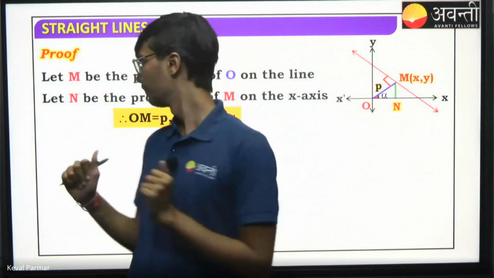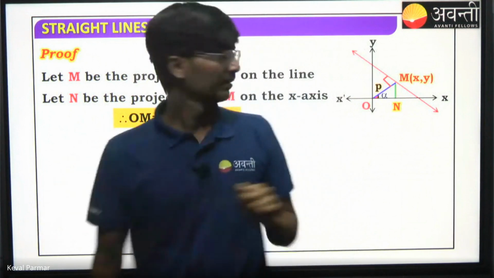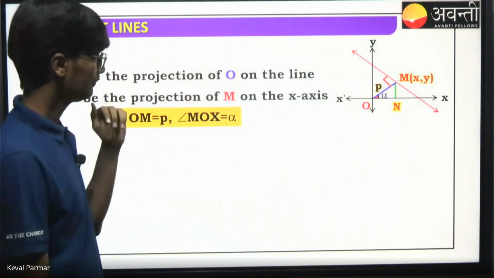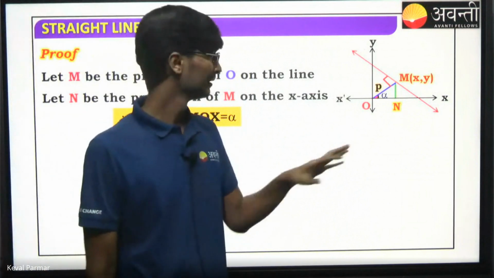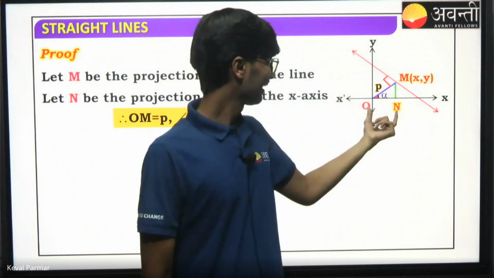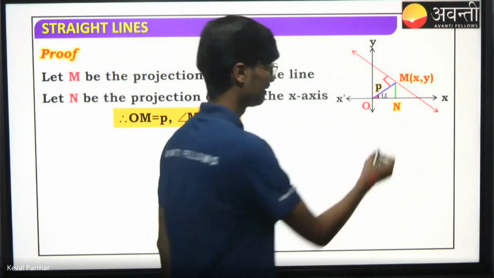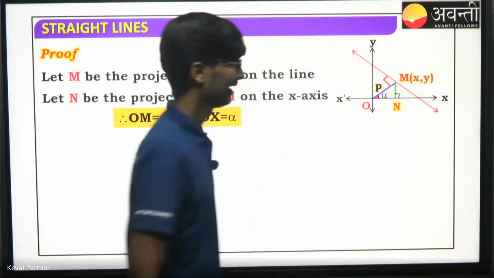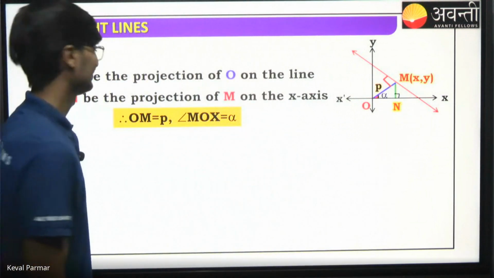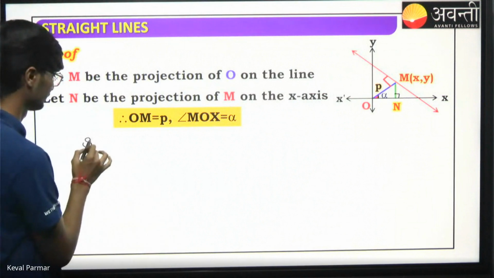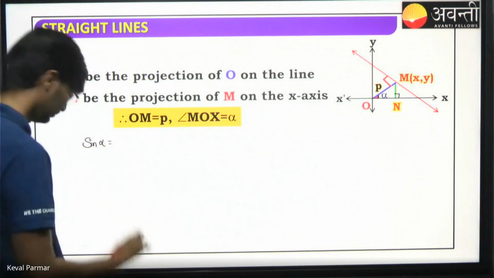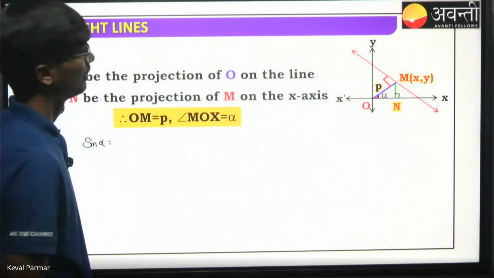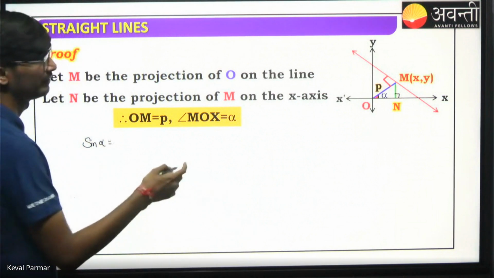If you remember polar coordinates, see, this triangle OMN is a right angle triangle. So we can easily write sine alpha as opposite upon hypotenuse.